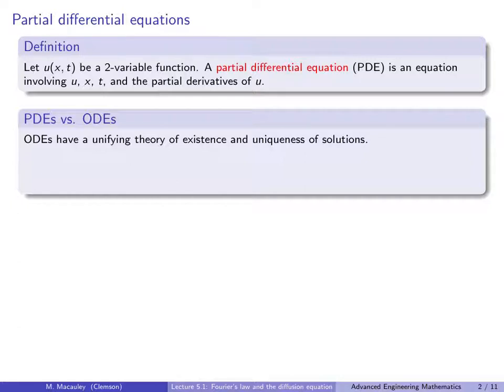Moreover, if we have n initial conditions, for example, y of 0 and y prime of 0, y double prime of 0, all the way up to the n minus first derivative at 0, if we know all of these values, then we have a unique solution. As we've seen, things are a little bit trickier if we have a boundary value problem instead of an initial value problem, but the point remains that PDEs have no such theory.